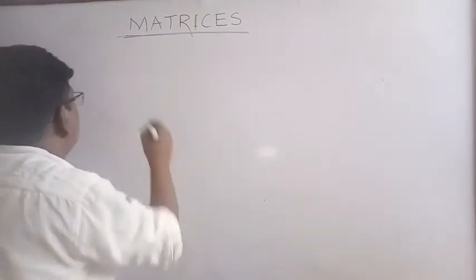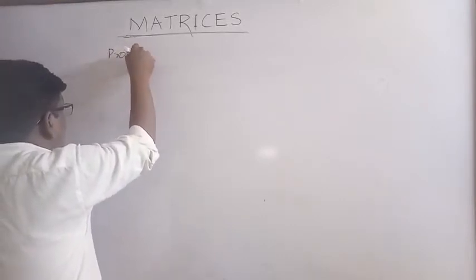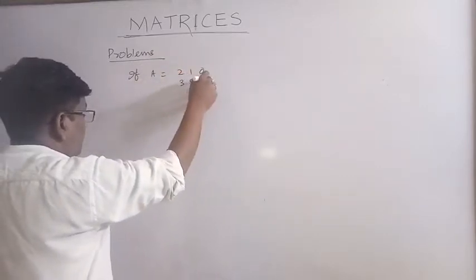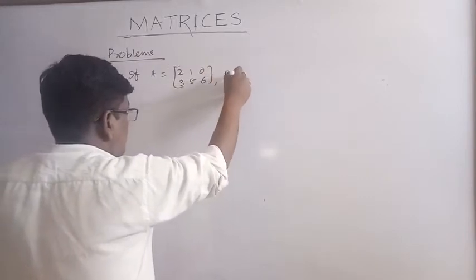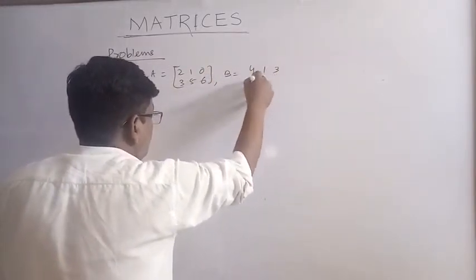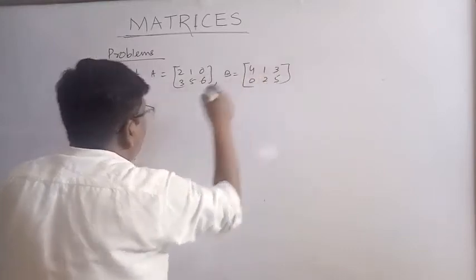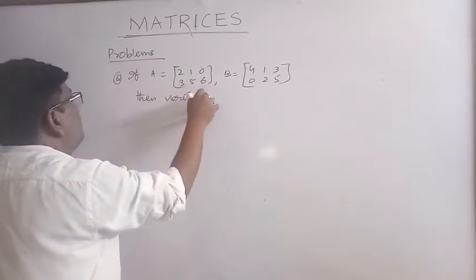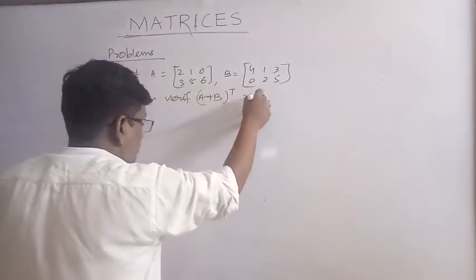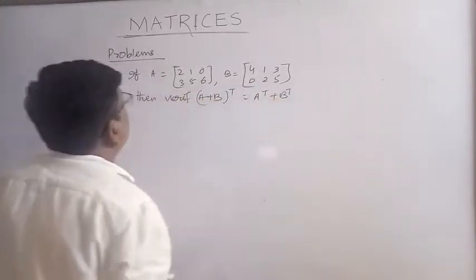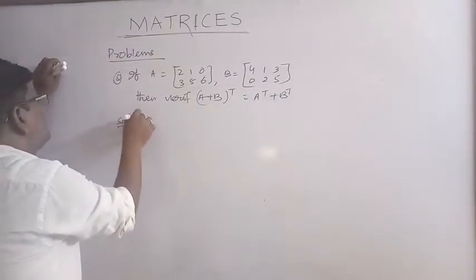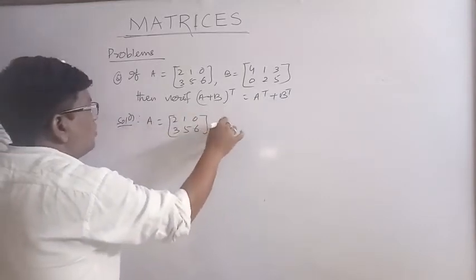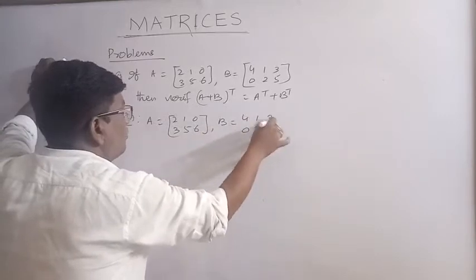Question: if A is equal to 2 1 0 3 5 6 and B is equal to 4 1 3 0 2 5, then verify that A plus B whole transpose is equal to A transpose plus B transpose. Solution: A is 2 1 0 3 5 6 and B is 4 1 3 0 2 5.